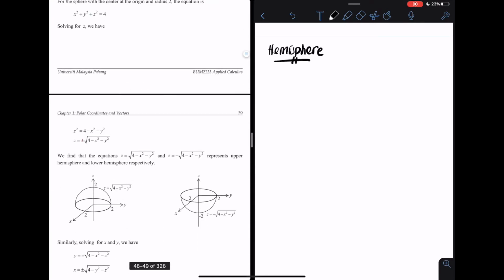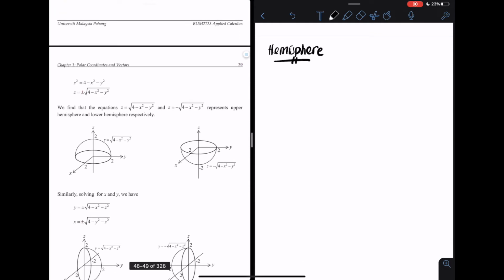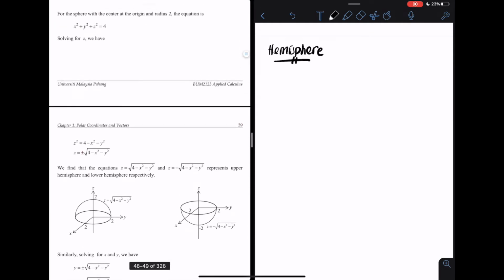So, if you look carefully in the module, we have discussed a little bit about hemispheres. Before this, this is the standard form of the equation that represents a sphere.